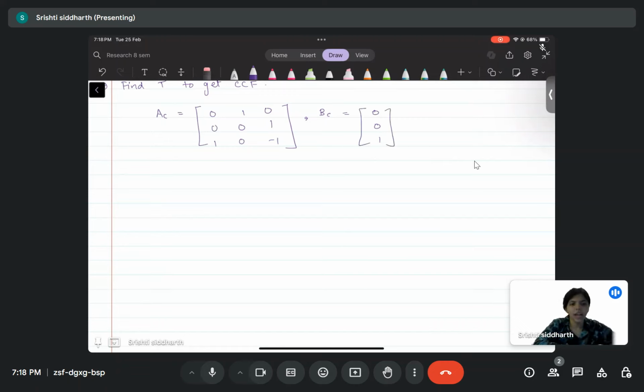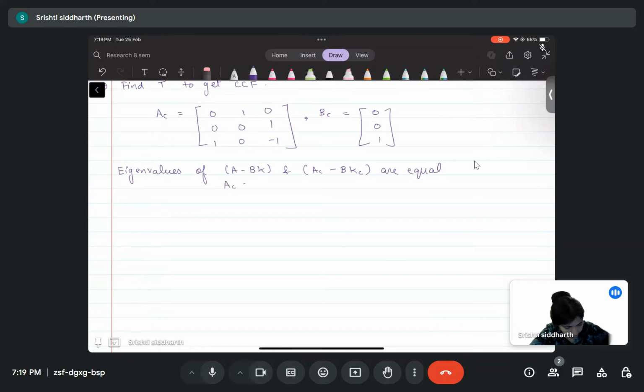So if we have a similarity transformation T, then the eigenvalues of A minus BK and AC minus BC KC are equal.